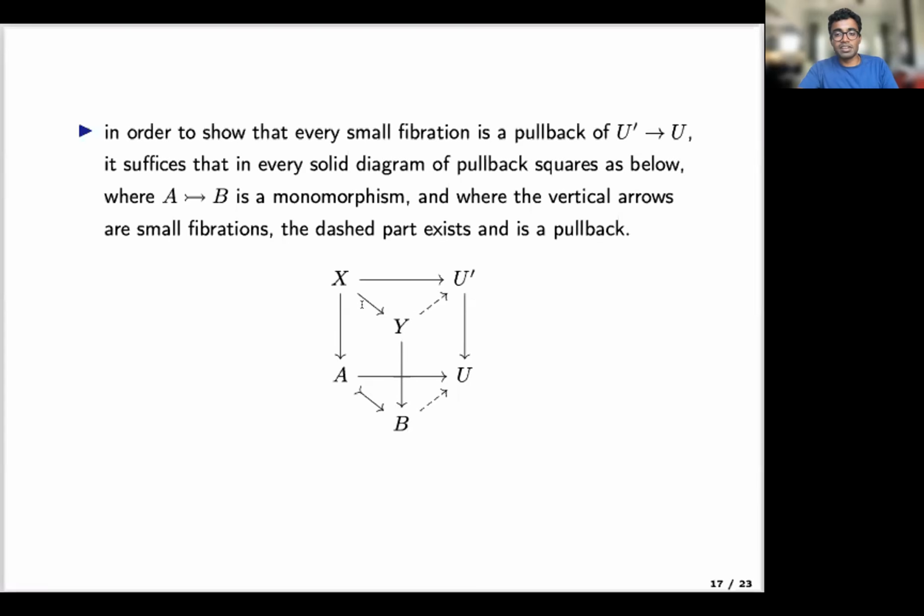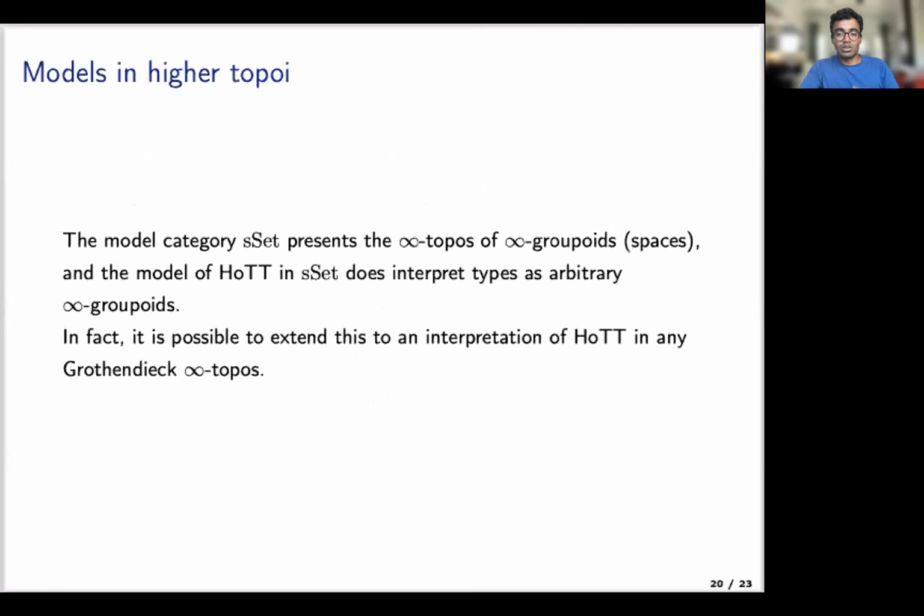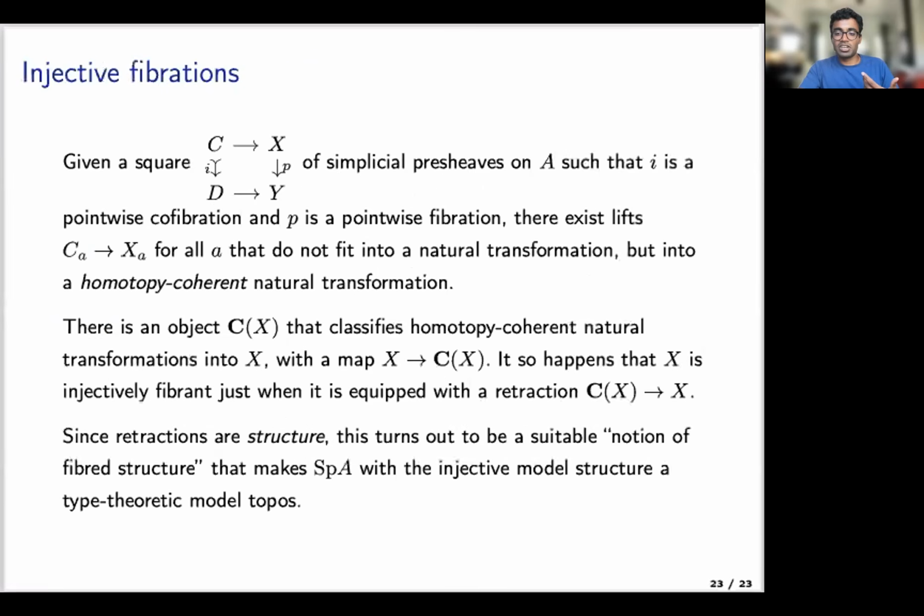So instead of having this just be an injective fibration, we would have that this thing is an injective fibration with an equipped structure, which has the corresponding retraction of the map into the two-sided cobar construction, the relative cobar construction. That's what you get when instead of an object you take a map.